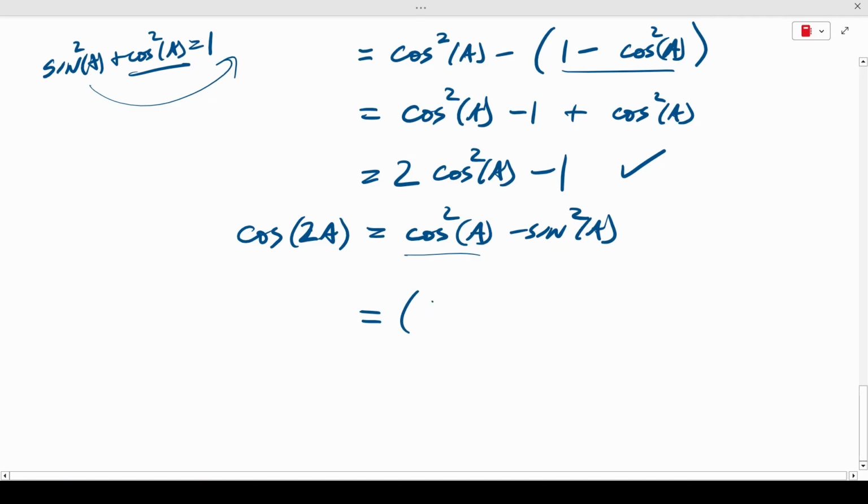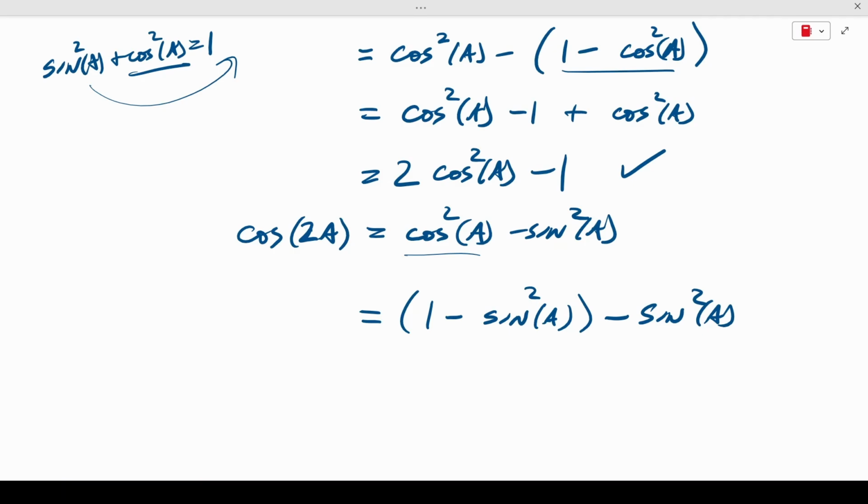So this is 1 minus sine of a squared minus sine of a squared, which is the same as 1 minus 2 groups of sine of a squared. There we go. That's the third one.